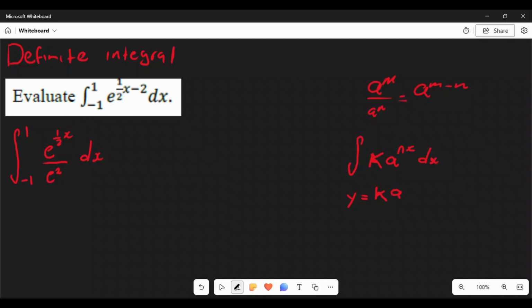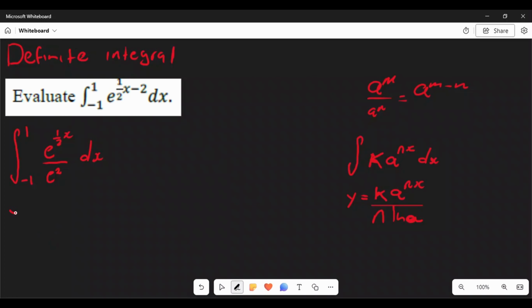Also you're going to write a as a base, n as a coefficient of x, and then we divide by n, the coefficient of x, times natural log of a. Since this is a definite integral, you just leave it like this, you don't add c. So let's use this formula to integrate this one here.